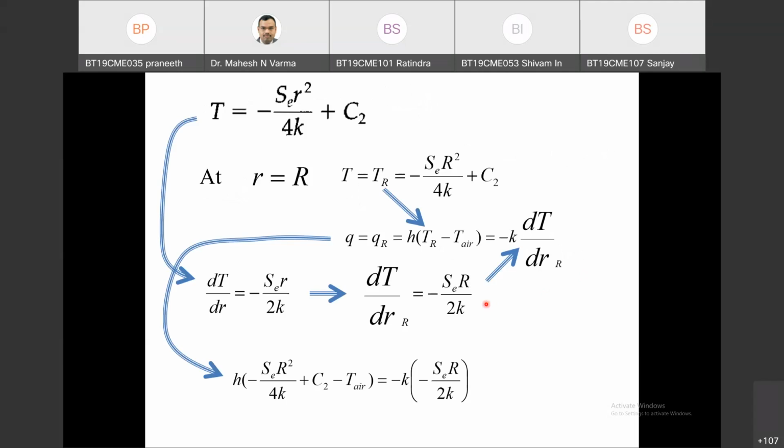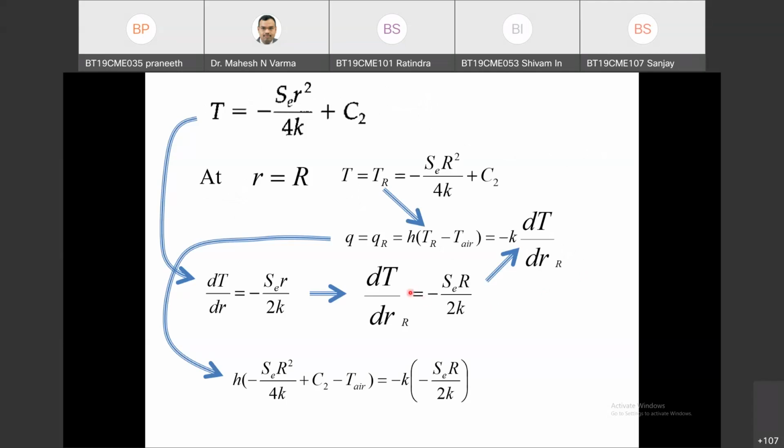Sir, in the last slide we have taken q at R equal to minus K dT by dr at R, right? And we are substituting T as minus SC R square by 4K plus C2. But that T equation is only inside the wire, right?